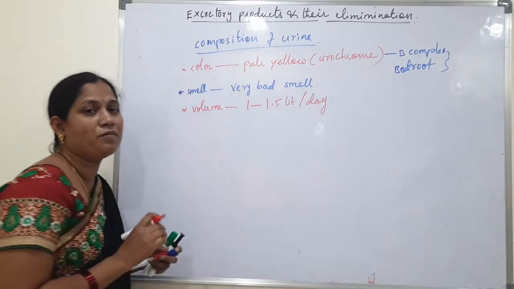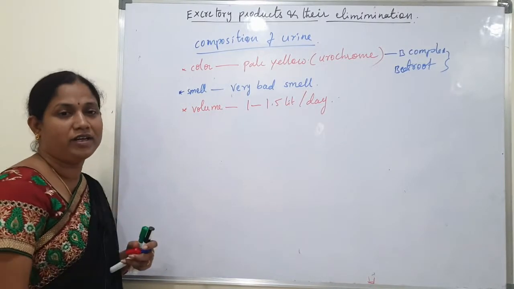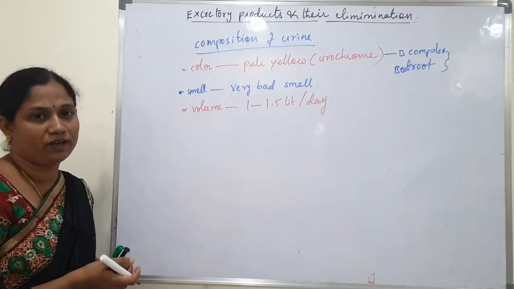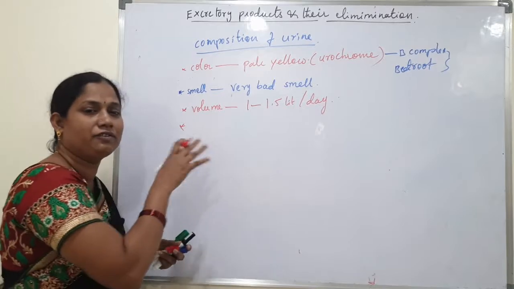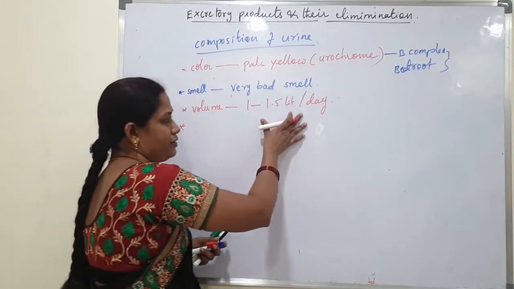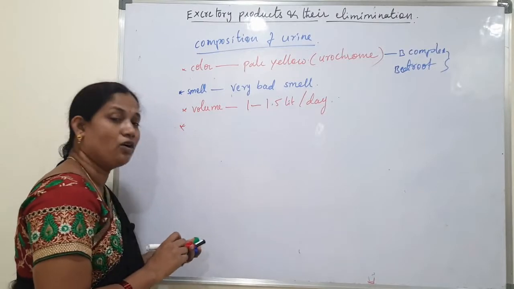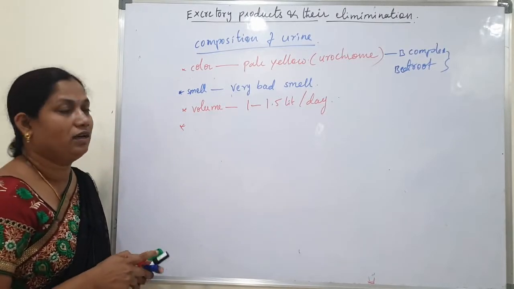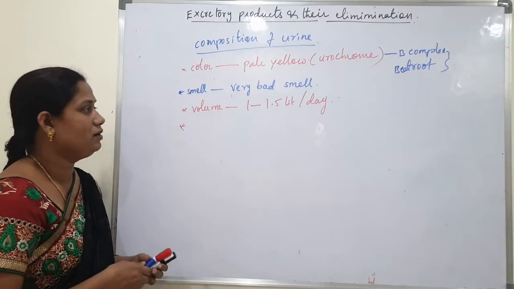But in different conditions, such as diabetes patients, this may change. Normally, an adult human can release 1 to 1.5 liters per day.